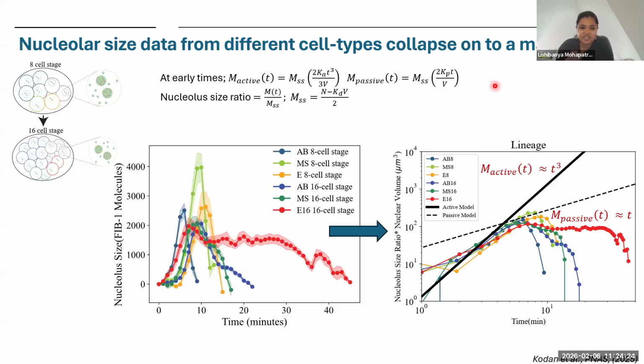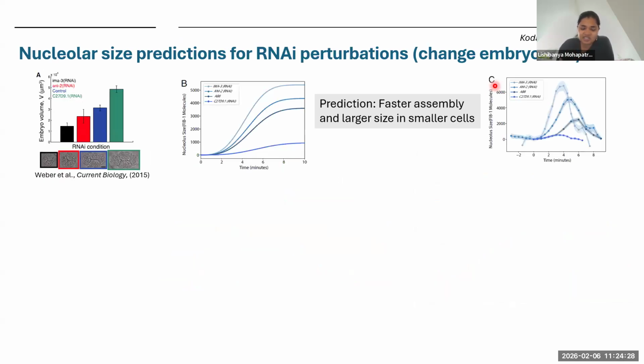Now, another perturbation that we tried was to compare our predictions in situations where the embryo sizes were different. So we used this method of RNA perturbation, and we were able to create embryos that were a little bit smaller in size and an embryo that was bigger. And using the same mathematical model and assuming that only volume is changed, we predicted a couple of things.